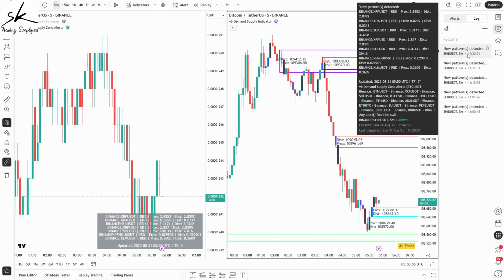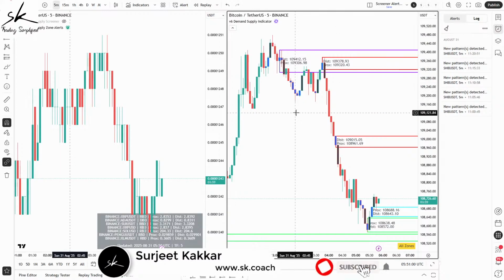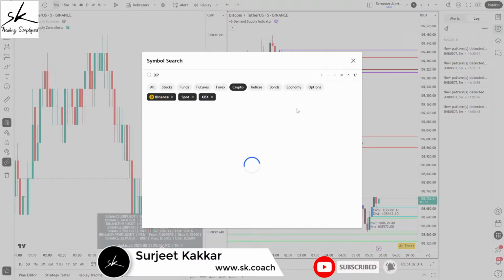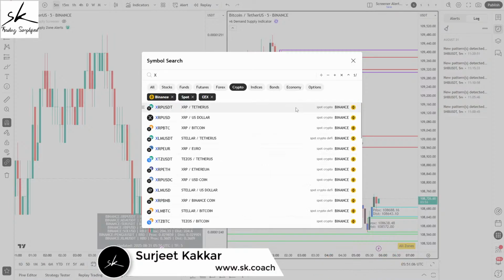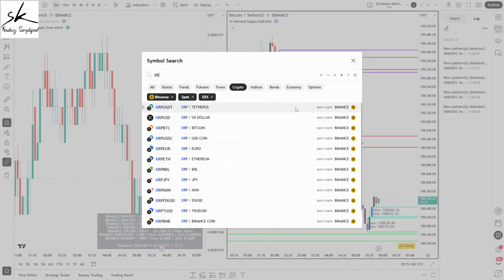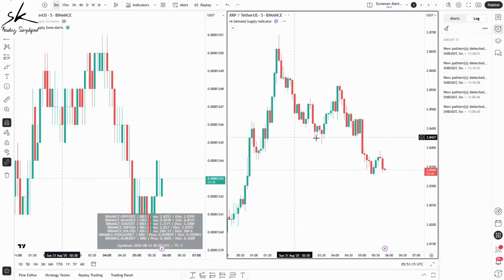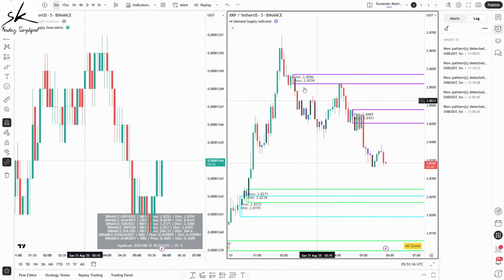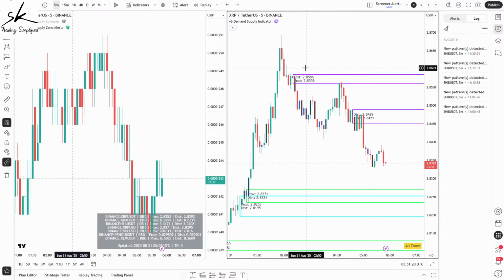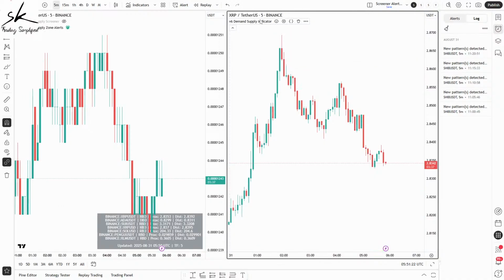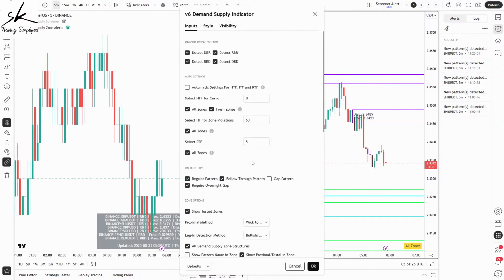It is telling me that if I go to the first one, which is XRP USDT, my bad, XRP USDT, you'll have a formation of a zone. In fact, I think I need to update to the latest version, and I also need to change this to all demand supply structures.